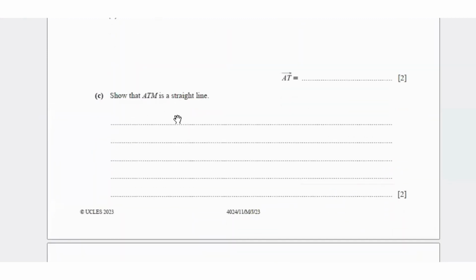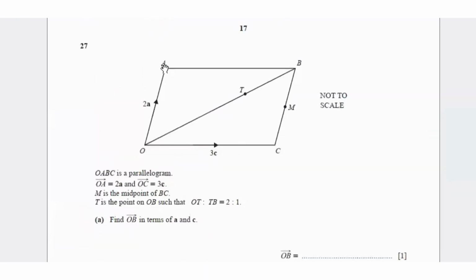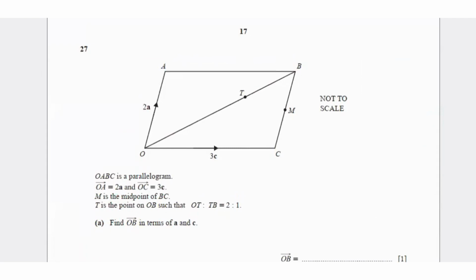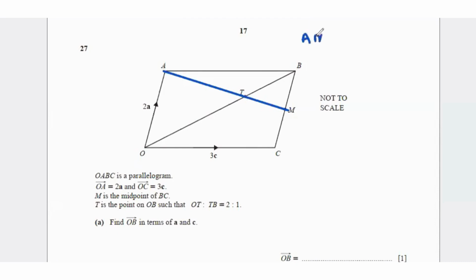Then show that ATM is a straight line. So for us to show that ATM is a straight line, what we're going to do is we're first going to take AM. AM was found as 3c minus a.